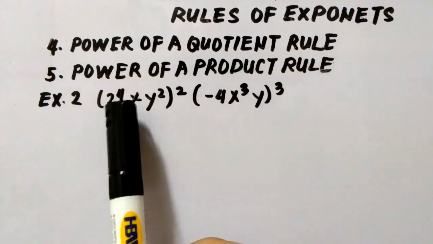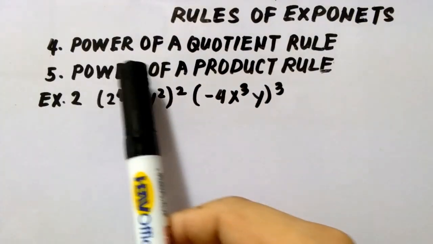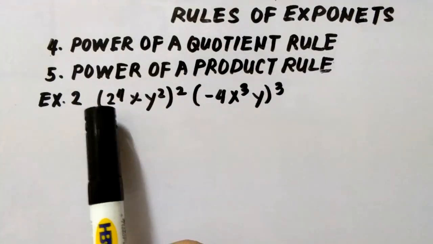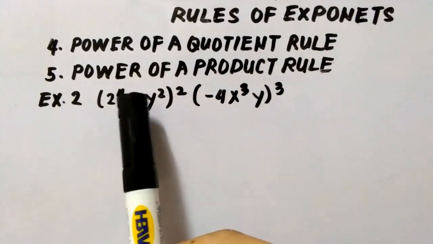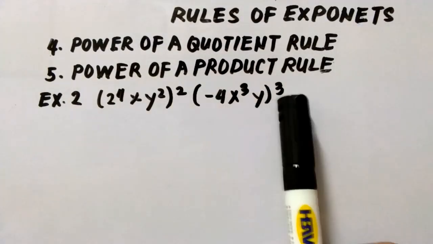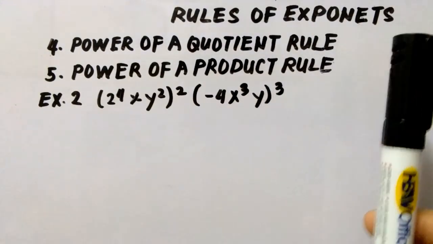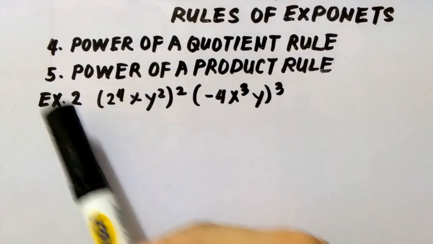Example number 2. Ito po ay example ng rule number 5 natin, power of a product rule. Quantity 2 to the 4th xy squared to the power of 2 times the quantity negative 4x cubed y to the power of 3. The same procedure po ang gagawin natin.